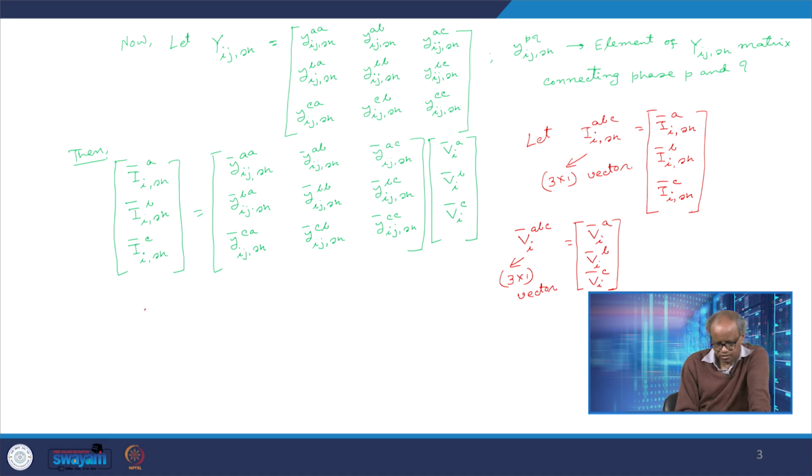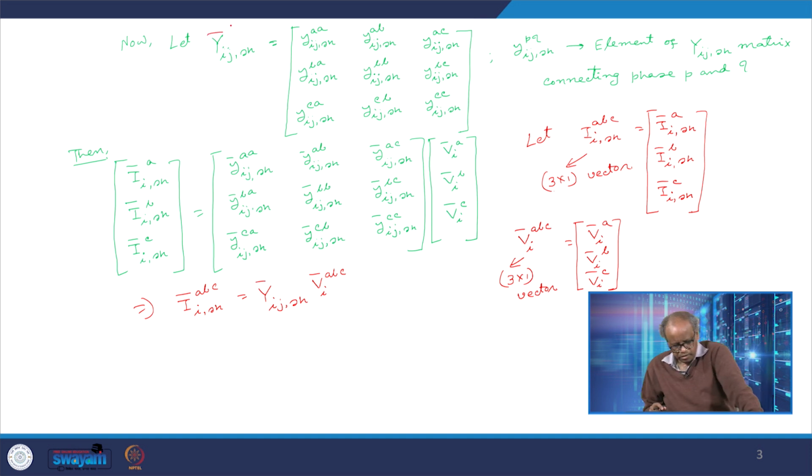Then I can write I shunt ABC is equal to Y_ij shunt into V_i ABC.